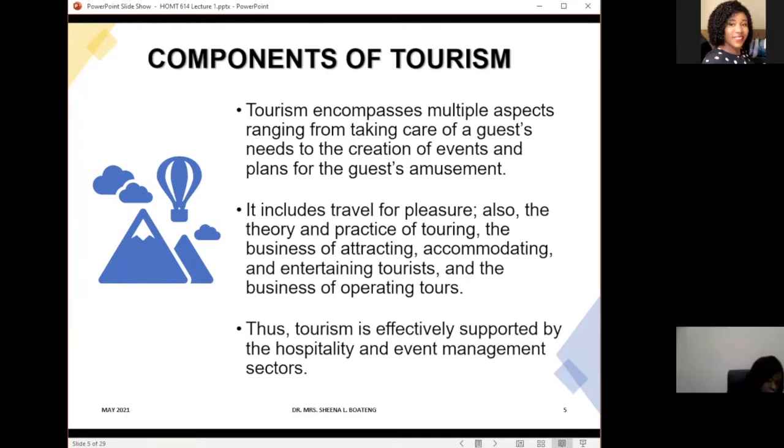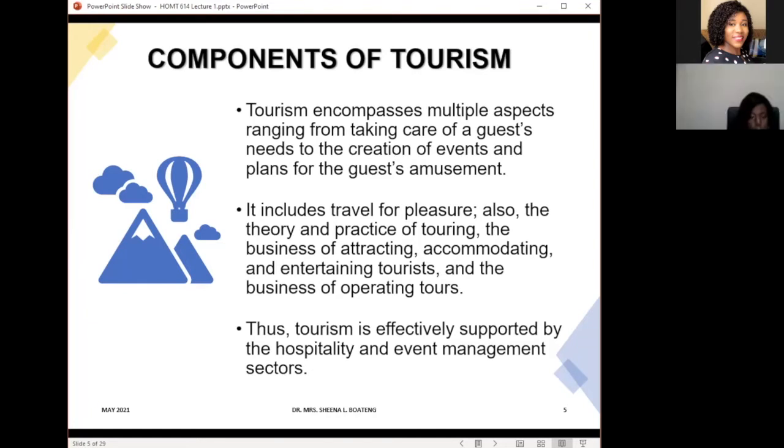Hence, we are saying tourism encompasses the creation of events and plans for guests' amusement, because they are looking for this experience, and this experience has to be delivered to them in order to get them to be repeat visitors to this particular destination or hospitality institution, be it a hotel, or some kind of resort or other institution within the tourism hospitality sector.